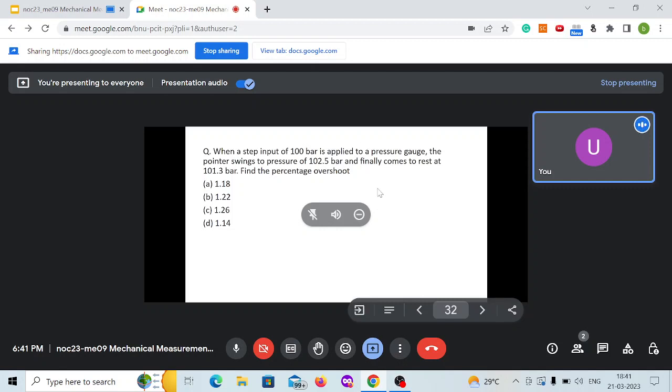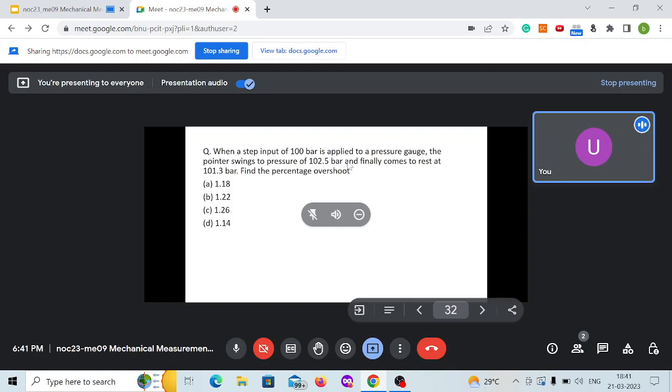Overshoot is how much it is shooting away from the actual value which is to be shown. So that is overshoot, and you have to find the percentage. Your step input is 100 bar and your instrument shows a final reading of 101.3 bar.